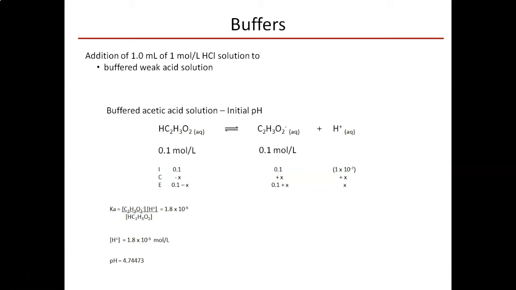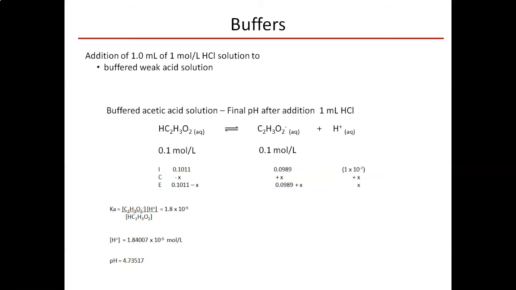Because it's a weak acid, we first have to do our ionization table, our ICE chart, and equilibrium expression. What we find is that for acetic acid, if I had a buffered system of 0.1 moles of my acid and 0.1 moles of my conjugate base initially, I would have an initial pH of 4.74473. Yes, I have more sig figs than I should here, but I want us to be able to see the change.